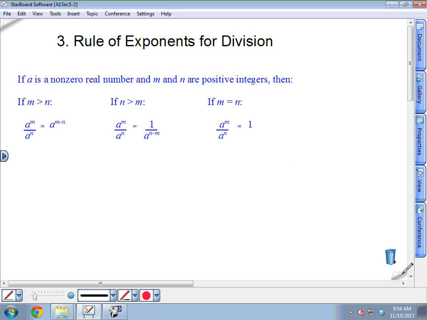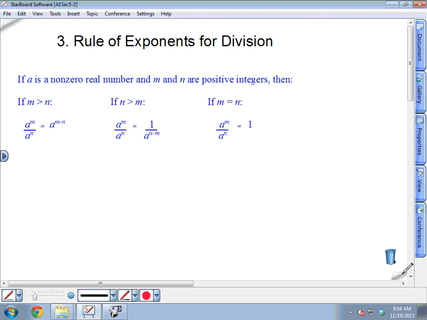All right, the rules for exponents, for division. Now we've got 3 different sections here. Let's take a look at this. This is where you start learning something that you've probably never learned before. So here's the important part.